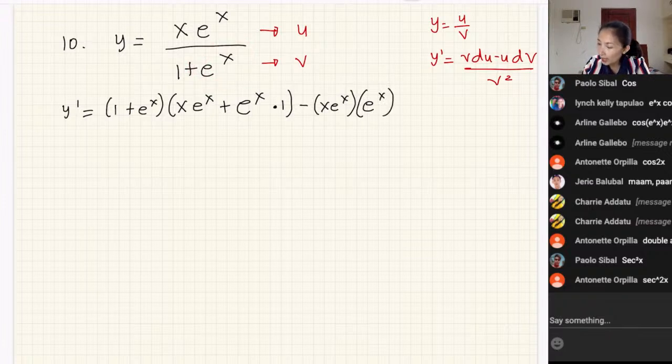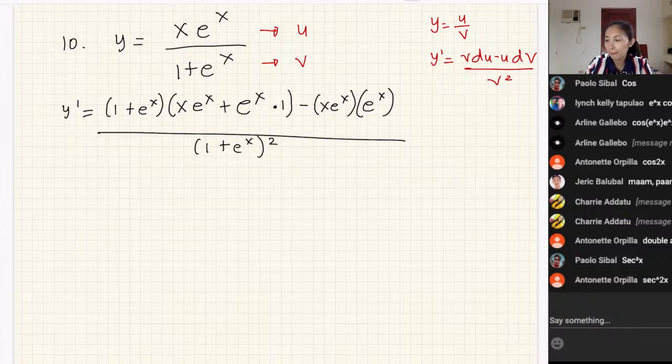But we're not done yet because we have the denominator v squared, all over v squared, which is 1 plus e raised to x raised to 2. Can you follow? Hope you can follow.